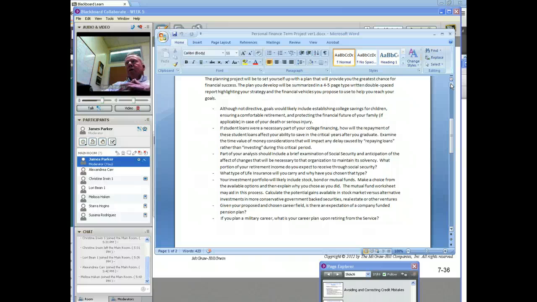So, obviously, if you've got kids, saving for college, comfortable retirement, and then, of course, if something bad happens in terms of if there's a death or a serious injury, especially if you are probably the primary wage earner, or at least a significant wage earner. So we'll talk also, there'll be some research type things in it in terms of student loans.